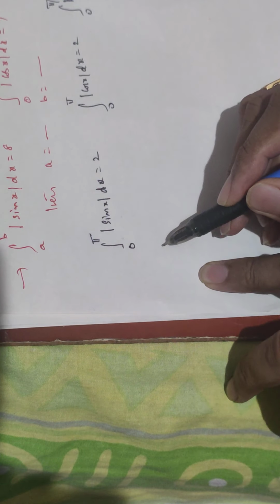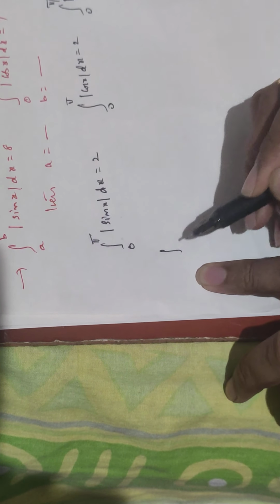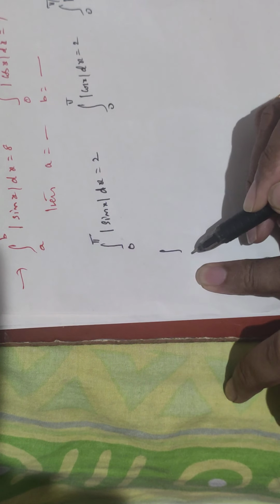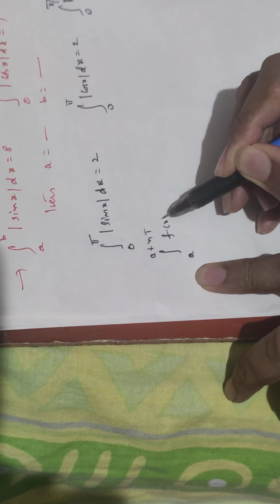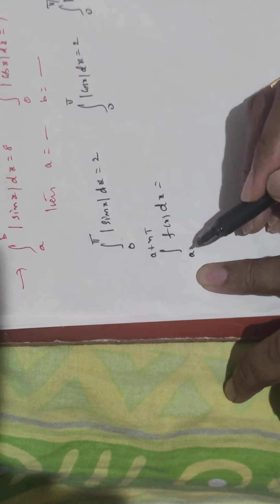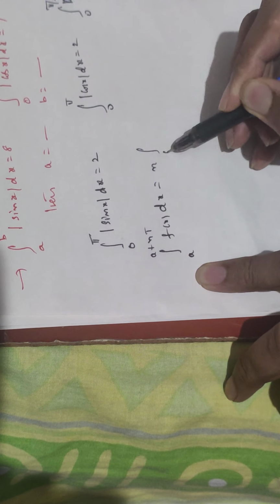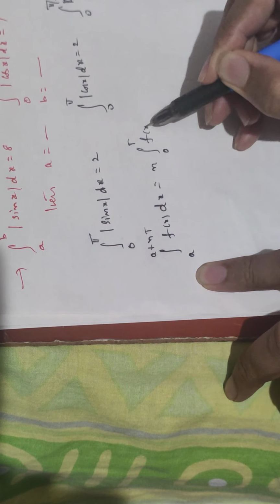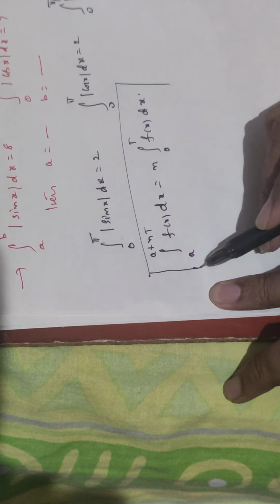Like that, based on the periodic properties, integral a to a plus nt f of x dx, when f of x is a periodic function with the period t, can be written as n times integral 0 to t f of x dx. This is one of the properties based on periodic functions.